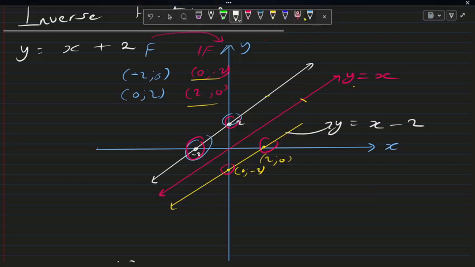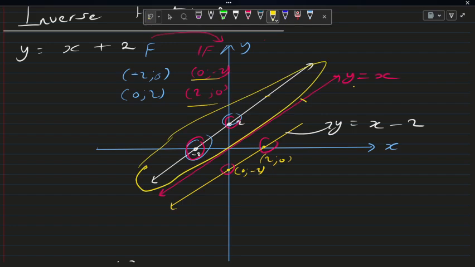I'm saying that we have a graph like this, and if I reflect it, or flip it, over the line y is equal to x, how do I know whether the graph I get will be a function or not?